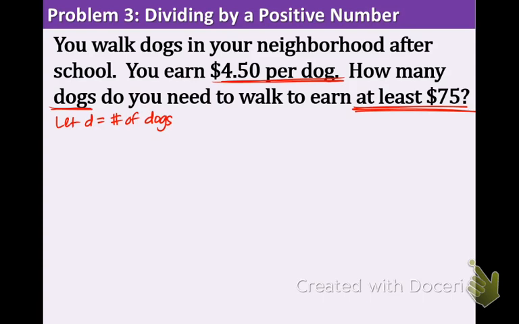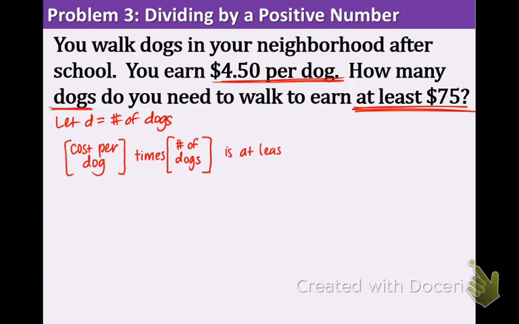So let's do cost per dog times the number of dogs is at least money wanted.